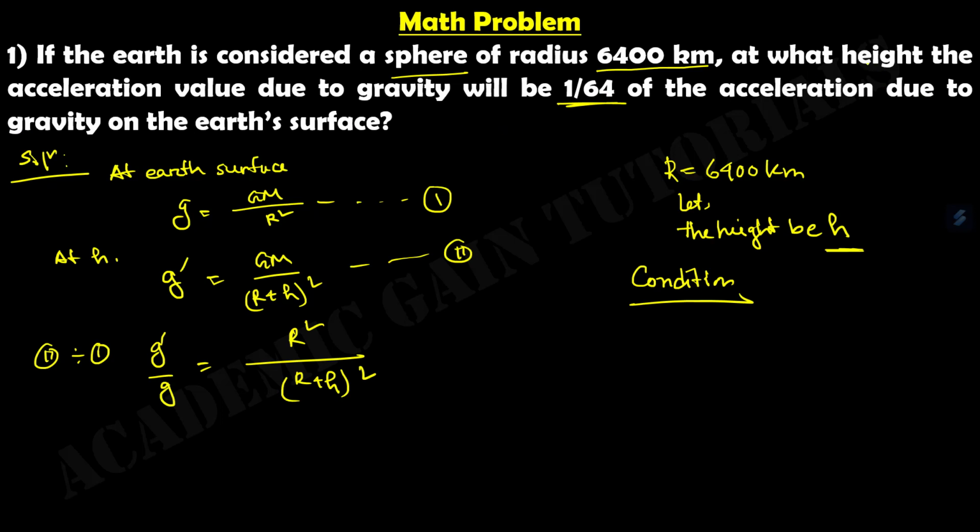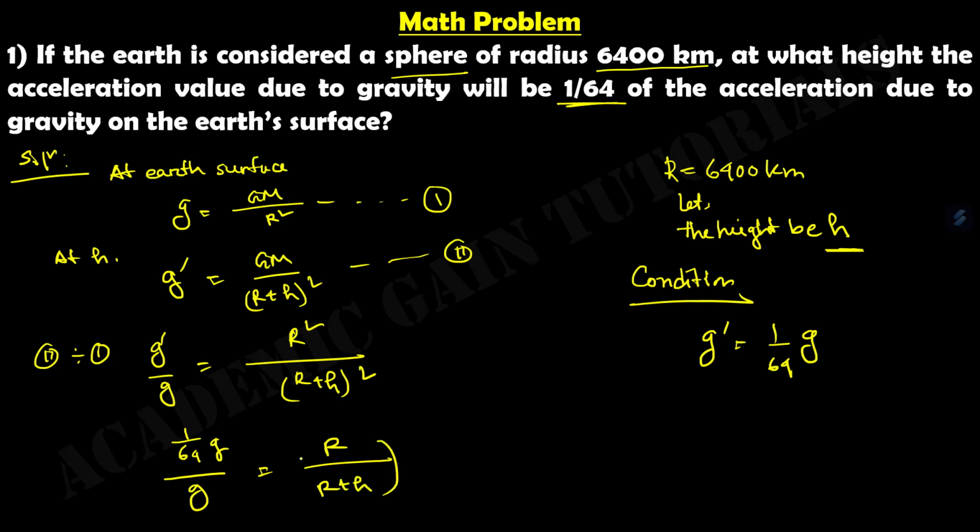So we say that at height h our gravitation will be g prime, and at the earth's surface our gravitation will be g. So from this condition we can say that g prime is equal to 1 by 64 into g. Substituting, 1 by 64 g by g is equal to r square by (r plus h) whole square.